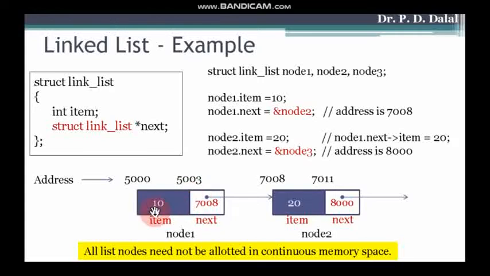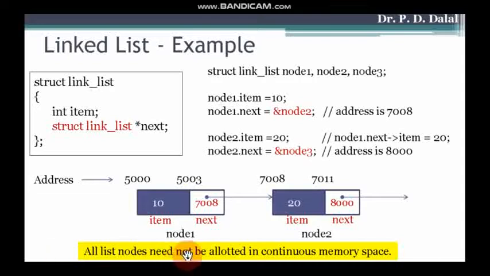Then node 1 dot next will have the address of the second node, that is 7008. So we will store 7008 here, and node 2 dot next will point to the address of node 3. So each node will point to the address of the next node.